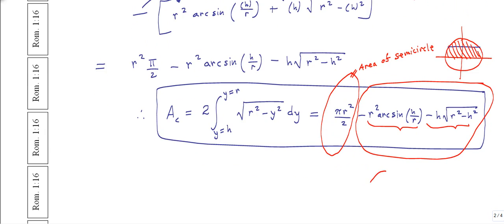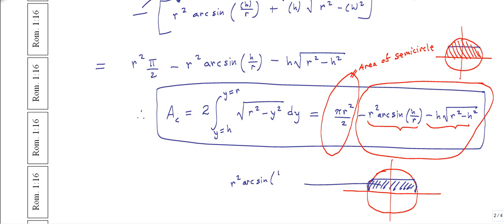Okay, so let me draw the circle one more time. Here's the circle, here's the chord. This portion of the circle right here, the area of this is going to be r squared arc sine of h over r plus h times radical r squared minus h squared.